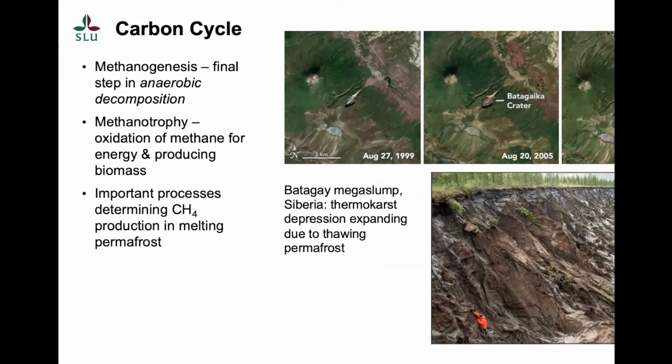There's a lot of basically non-degraded organic matter in these environments. And I don't know if you've seen this, but there's a good example of thawing permafrost. It's called the Batagay megaslump. This is in Siberia.